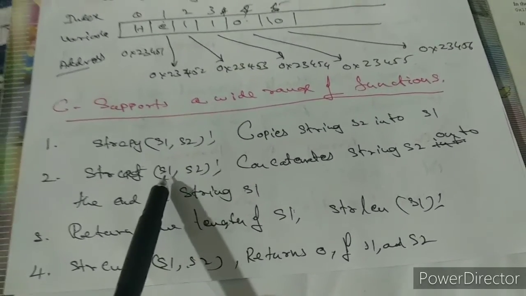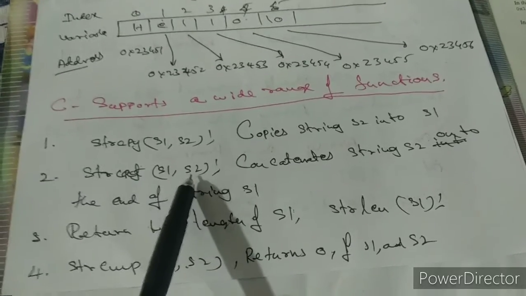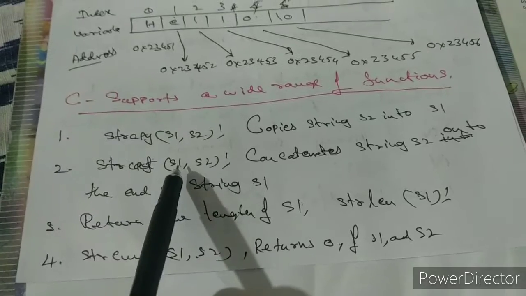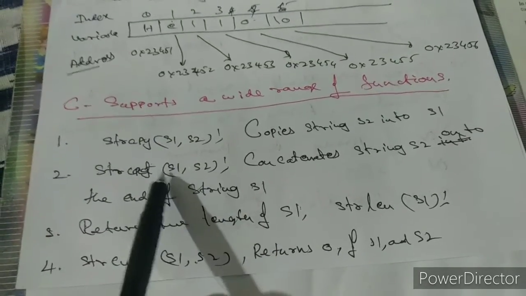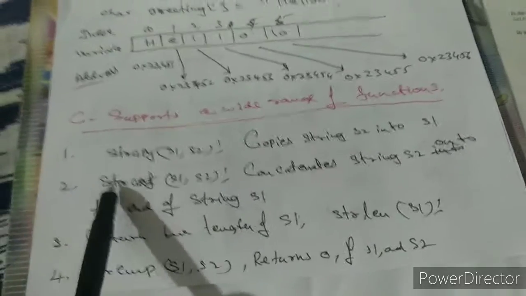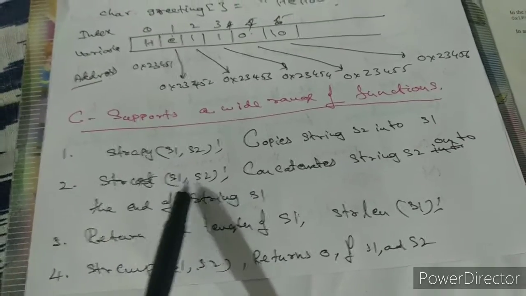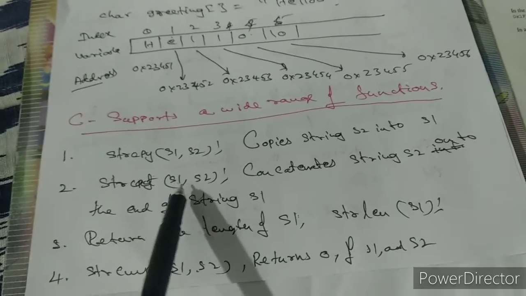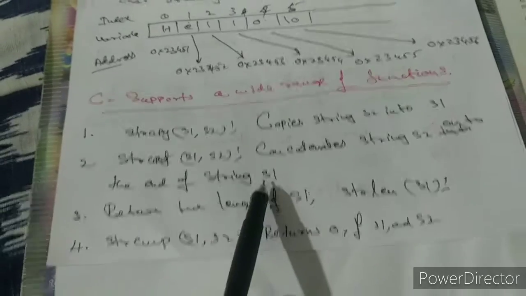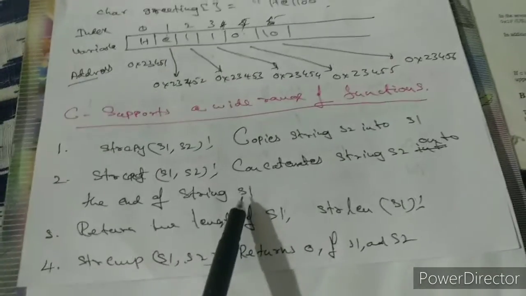For example, s1 contains hello, and s2 contains world. If you want to combine both, concatenation happens, and hello world will be the result. It returns s1, which contains the total hello world string.